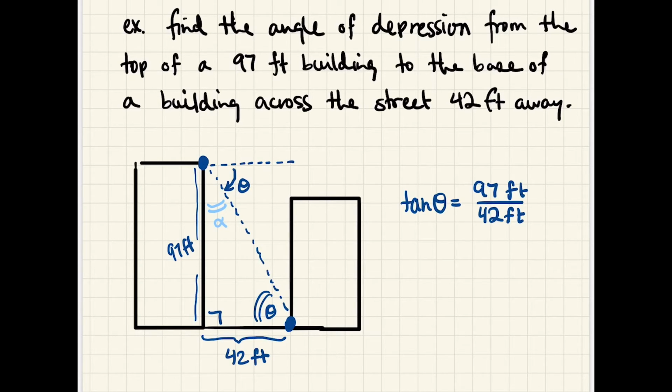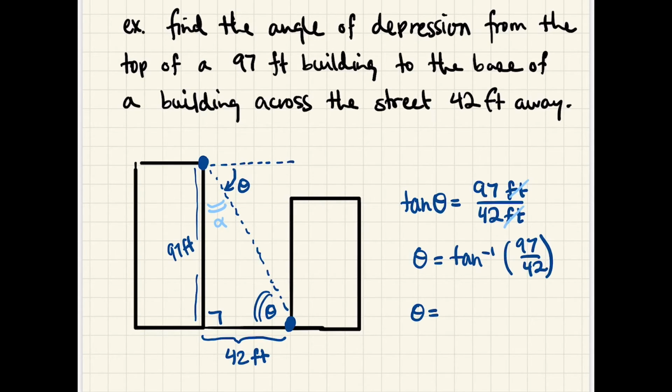Incidentally, another reason I write these units in is so you can see that the units in this case cancel, and we get a pure ratio. Trigonometric functions always produce a pure unitless ratio. So what we're after is theta, which we know will be the inverse tangent of 97 over 42.